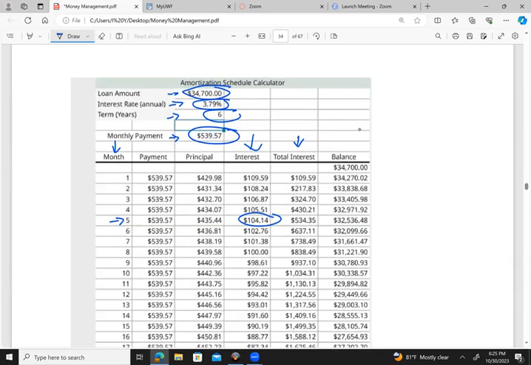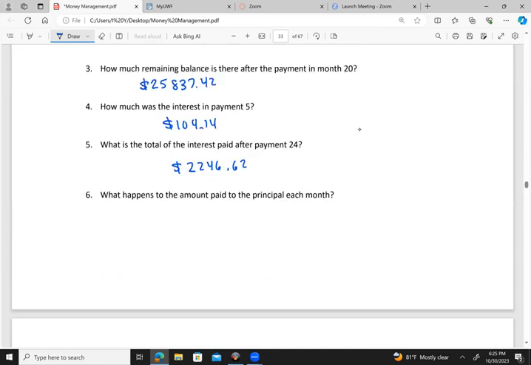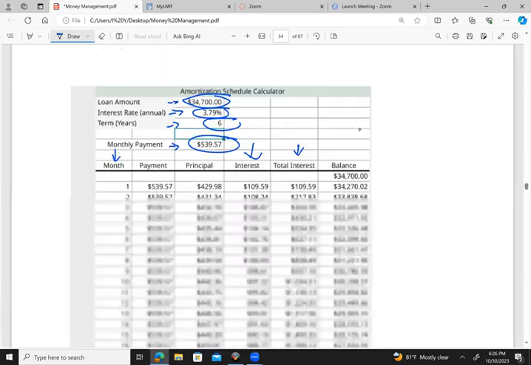So let's look. Here's the amounts paid to the principal. Payment 1 is $429.98. Payment 2 is $431.34. So what's happening? The amount of principal is increasing. So it increases.